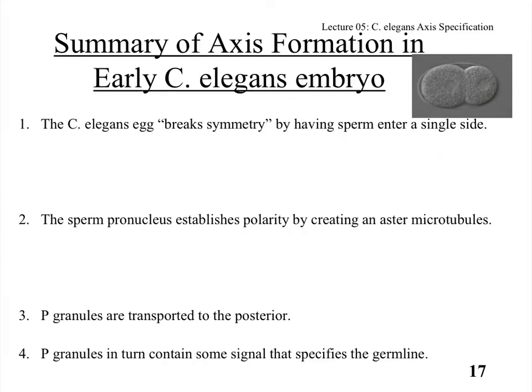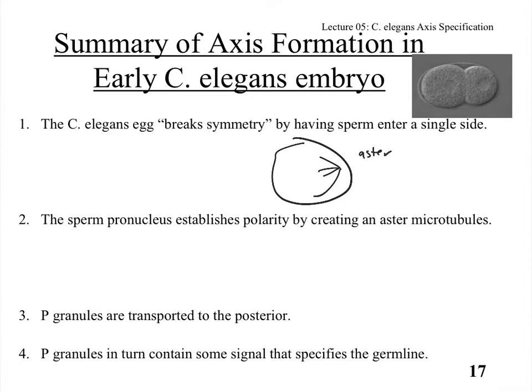Okay, to summarize the axis formation in the early C. elegans embryo, the first step is that the C. elegans egg breaks symmetry from having a sperm enter on a single side, and that's something we talked about during class time. As you may recall, what happens at that point was we had that array of microtubules.